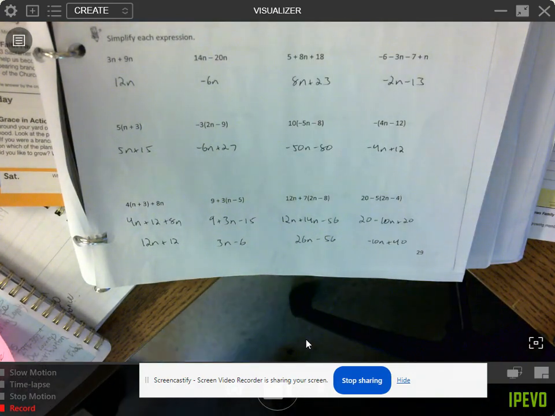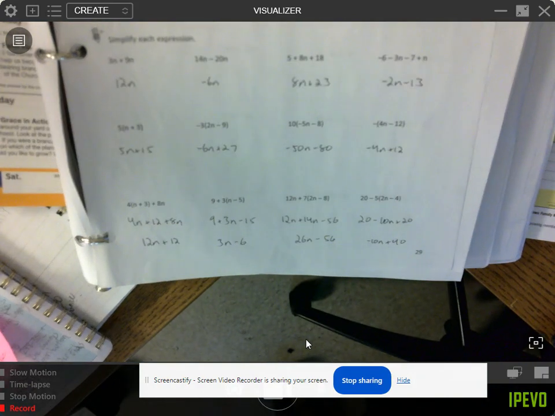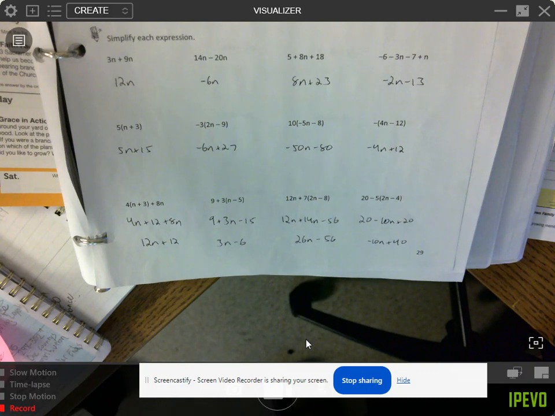We have 12n minus 6n, 8n plus 23. Oh, I've got friends not paying attention. Be working on it. Use your time wisely. Again, 12n minus 6n, 8n plus 23, minus 2n, negative 2n minus 13.